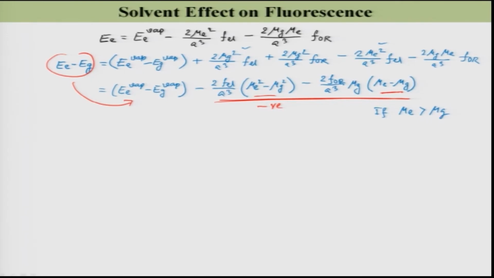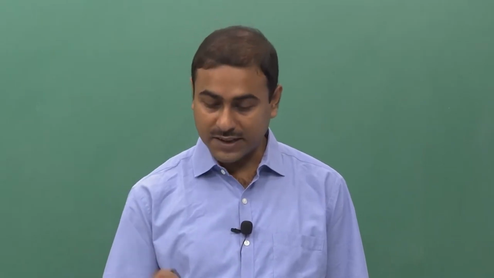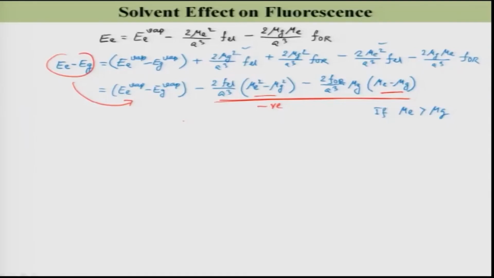That is what we have seen with those model systems while discussing the solvent effect on absorption spectra, right. Here it is exactly the same thing, but I have shown you a more mathematical treatment. So, when mu E is greater than mu G, I will see a red shift in the absorption spectra, right.